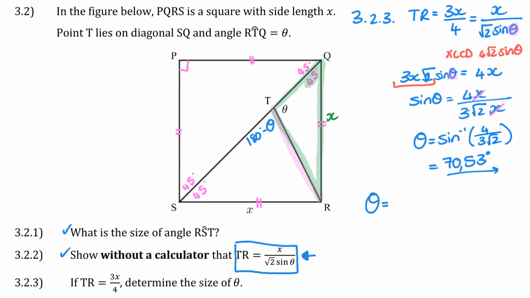So my other option would be 180 degrees minus 70.53, and you get 109.47. And if I said 109.47 plus 45, I know that's definitely less than 180, so there's still room to work out angle R. So for this question, I'll have two possible angles for theta.